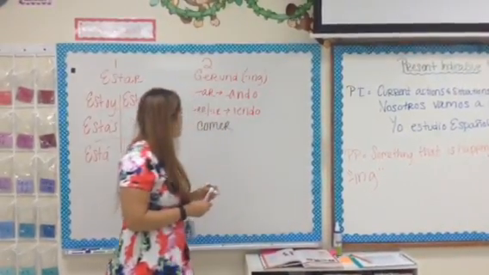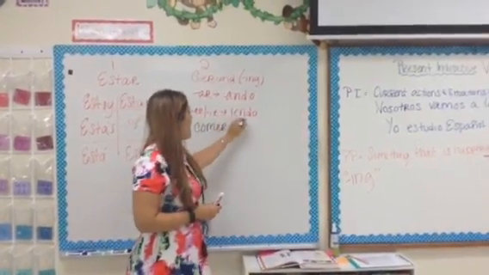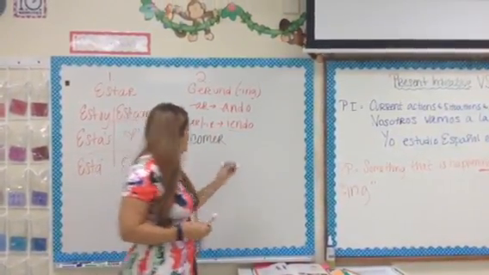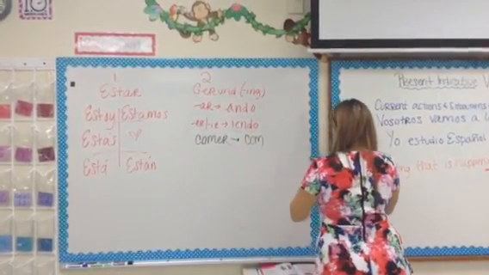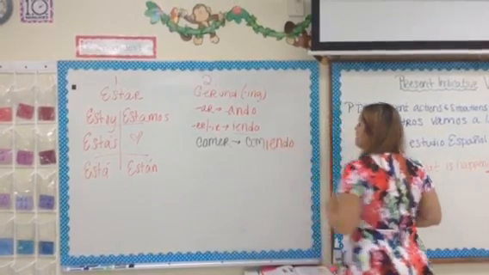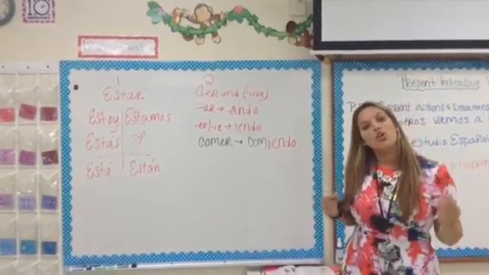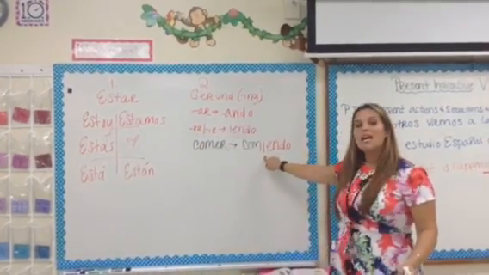So for an example, if I wanted to use the verb comer, I see that it's an ER verb, and I take off the ER and add iendo. So comer would turn into comiendo. So if I wanted to say, you are eating, I would start with step 1. Estás comiendo.